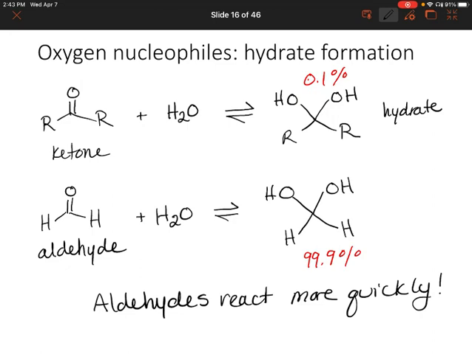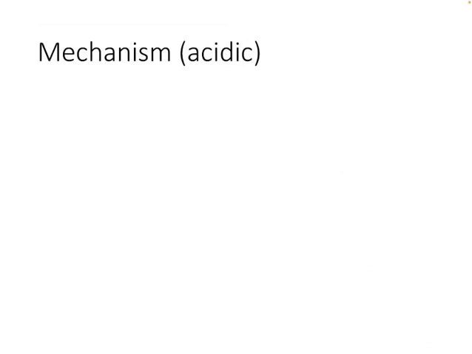So let's look at two mechanisms for this type of reaction. Let's look at the case where we have acidic conditions, and then we'll look at a case where we have basic conditions. So we'll use formaldehyde again, and we're going to start with acidic conditions. So we have acid hanging around.